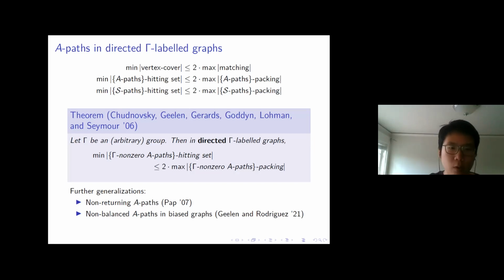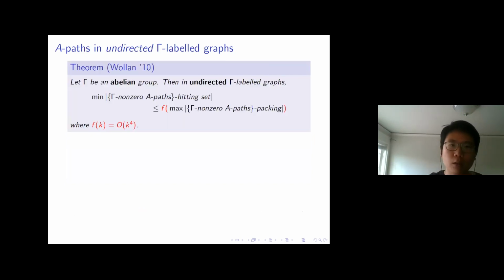Okay, but for this talk, we'll mostly focus on the undirected version of group labeling. So can we also get this type of inequality for the undirected model? It turns out the answer is yes, but the inequality is not as nice. We don't get 2 times the maximum size of a packing. We get something looser, but we still get a bound.